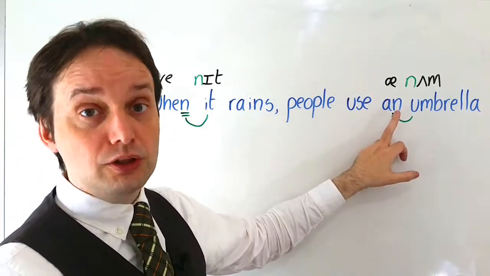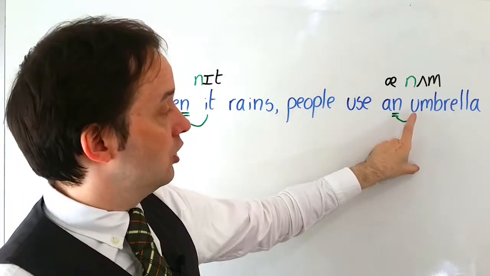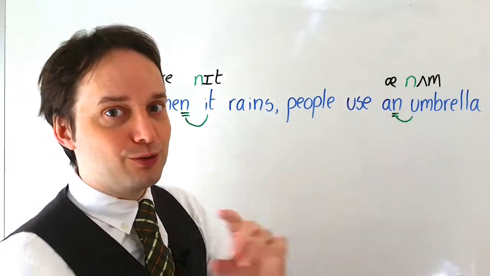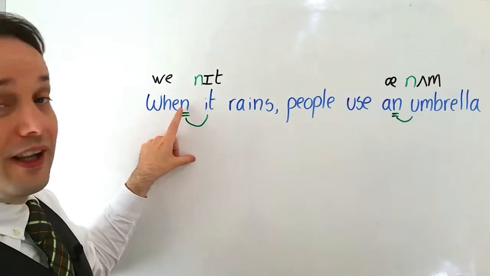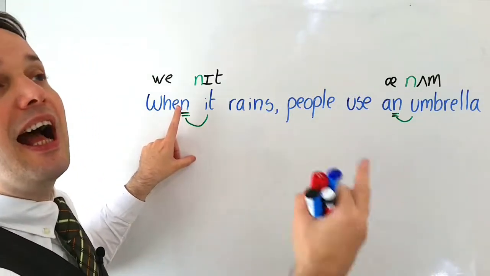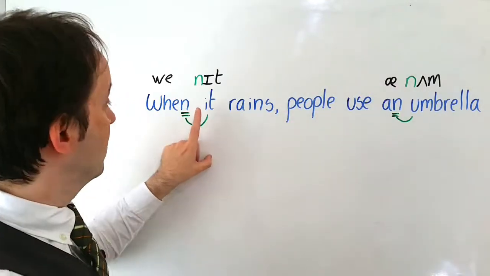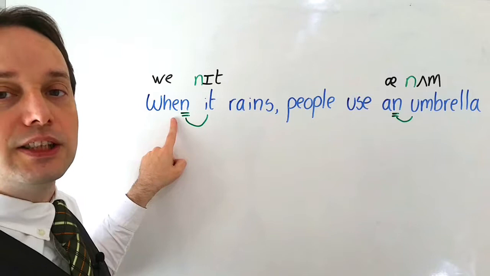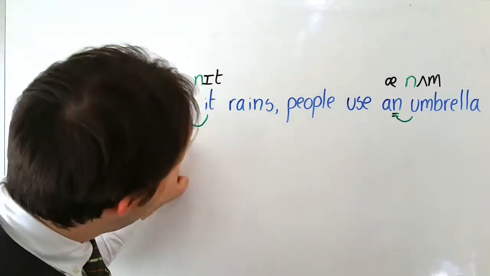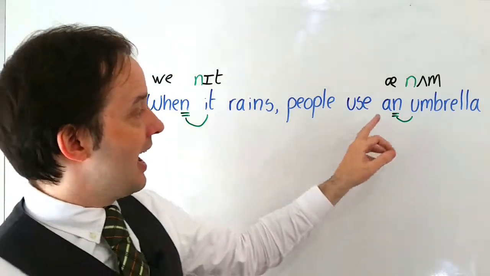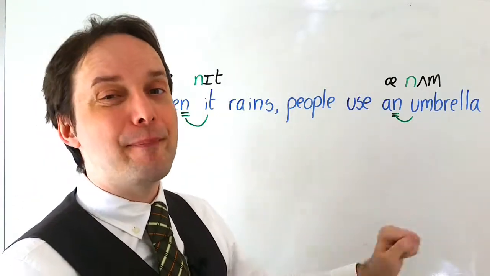N, vowel or consonant, so it's consonant. U, vowel or consonant, it's a vowel. Okay, so when the final letter of a word is a consonant and the beginning of the next word is a vowel, the consonant will always move. When it, an umbrella, an umbrella.